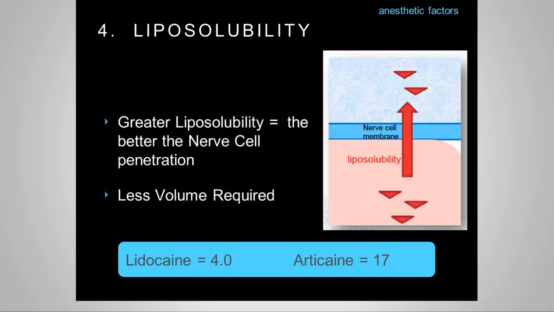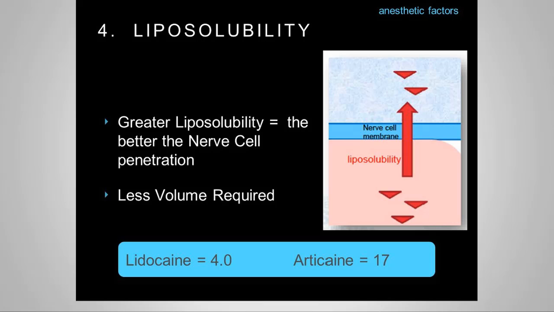Liposolubility is another factor here, and obviously the greater the liposolubility factor, the better the nerve cell penetration, and more importantly, the less volume of anesthetic you're going to require. All these cell membranes are made of phospholipids, and every molecule has the capacity to go through the lipid membrane. And often you want molecules that have a better ability to penetrate that nerve cell.